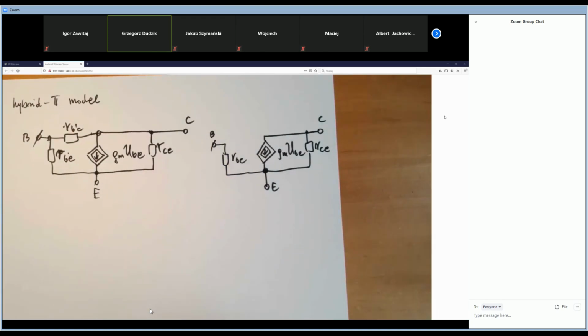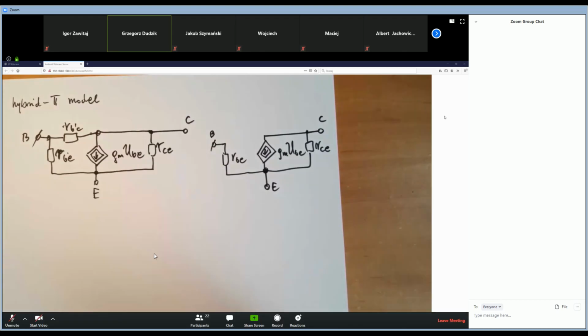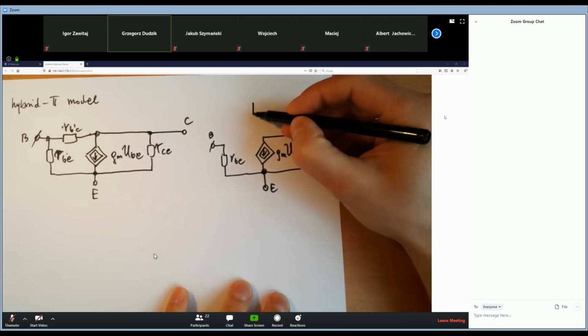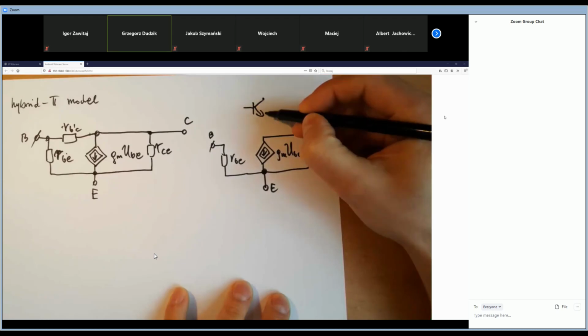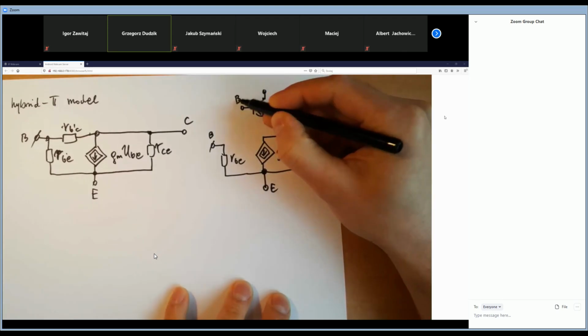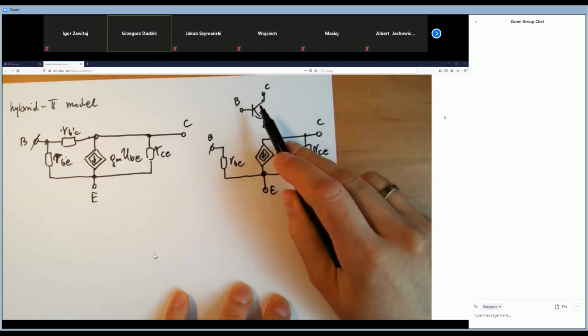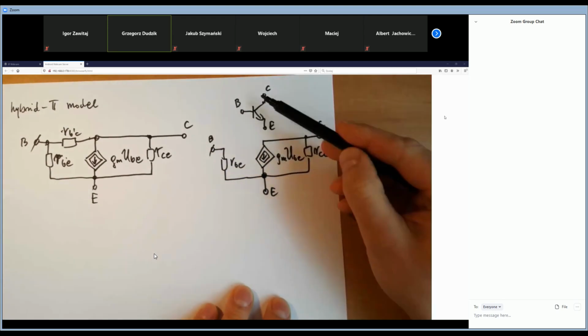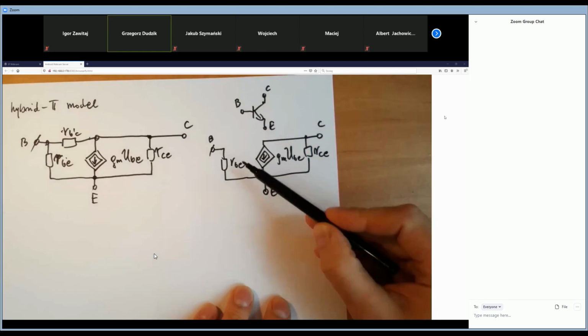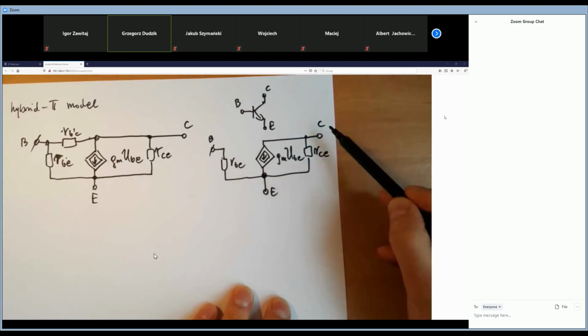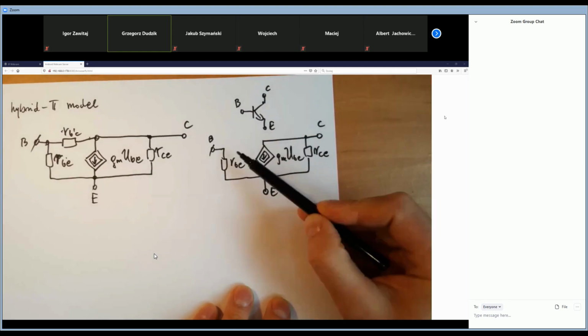All right, this is the first thing. So, in fact, if you see the transistor like that in electronic circuits, we can replace it by its model, which looks like that.